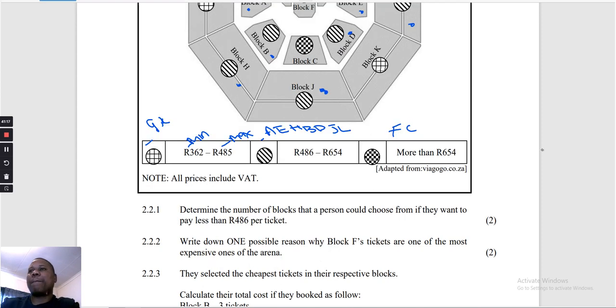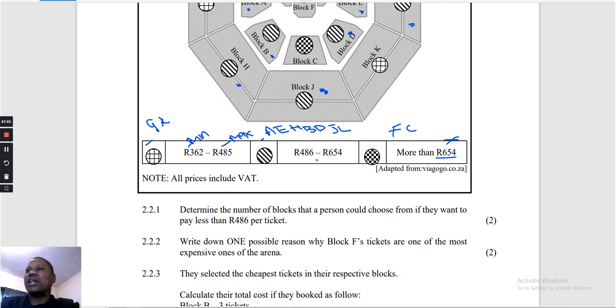Now they say, determine the number of blocks that a person could choose from if they want to pay less than 486 per ticket. Which seat? We look here. If they want to choose F and C, they are going to pay more than this. So this one is out.